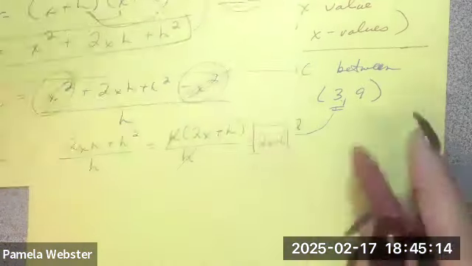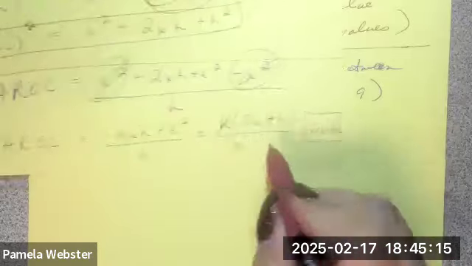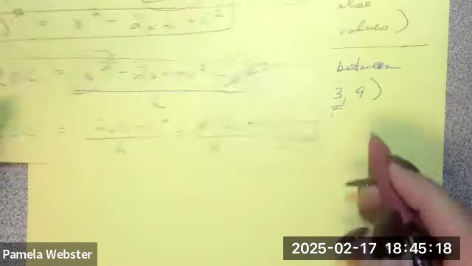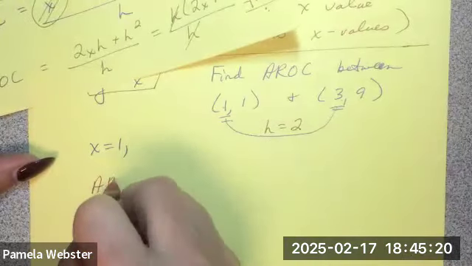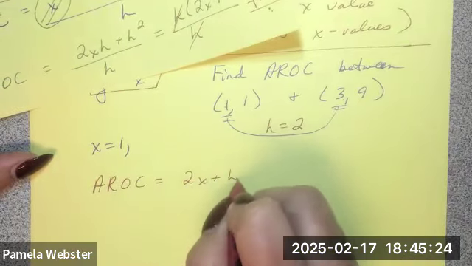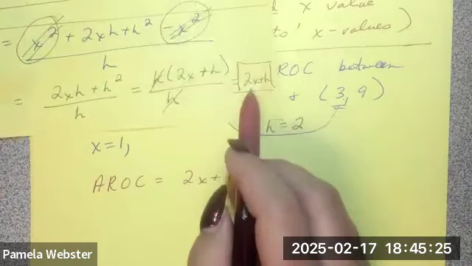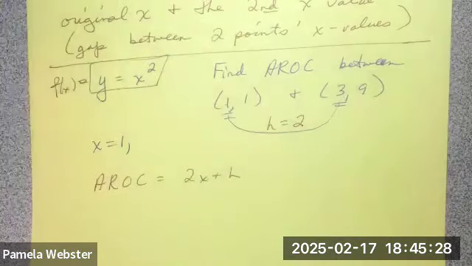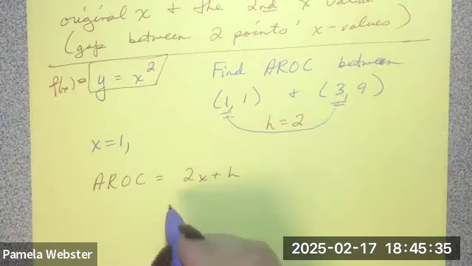You can just come back here to where we found the average rate of change is 2x plus h. I pointed at the h, but I said the 1. 2x plus h. So very quickly, you can find what's the slope between those 2 points.